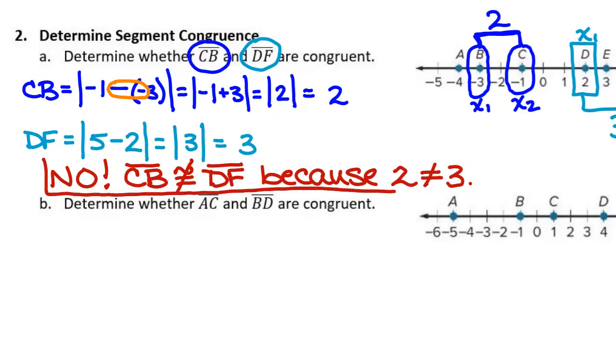So those two are not congruent because they did not come out to have the same measurement. If they did come out to have the same measurement, if it was 2 and 2 or 3 and 3, then I would say yes, they are congruent.